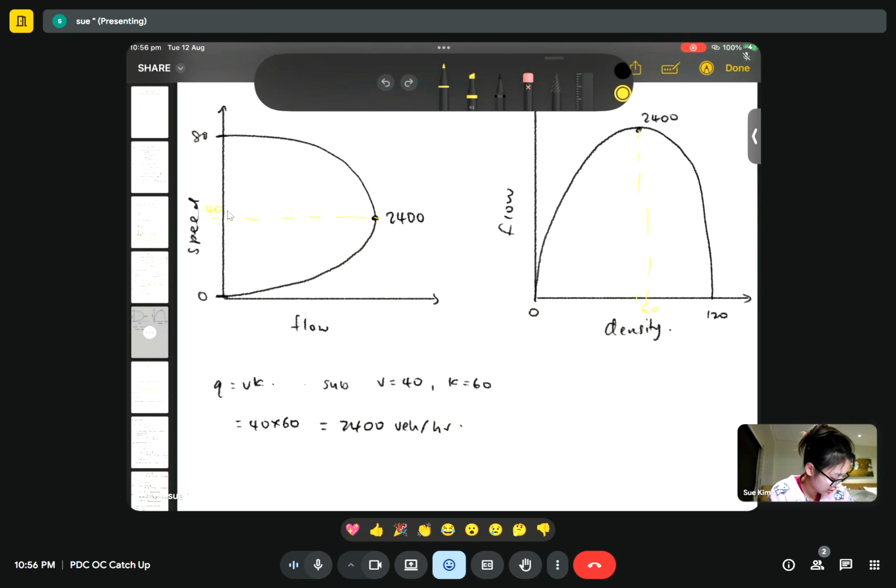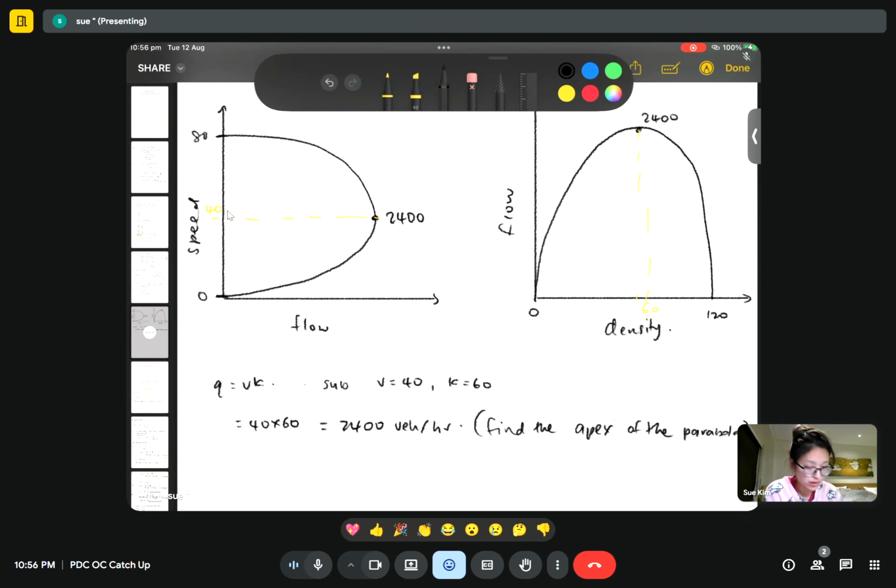So what you can just do is find the apex of the parabola. And that's how you find the peak flow.